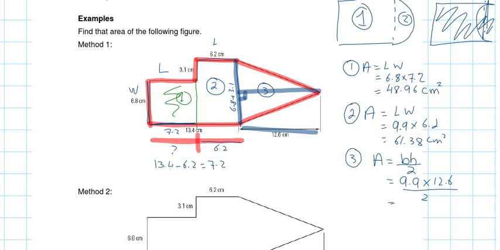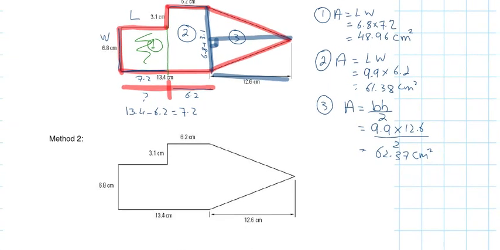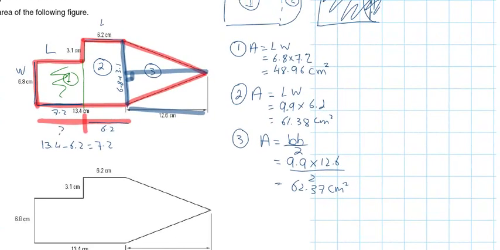And the answer for this one is 62.37 centimeter squared. So my final answer for this should be an area total, right? Because I have to find all the areas added together.